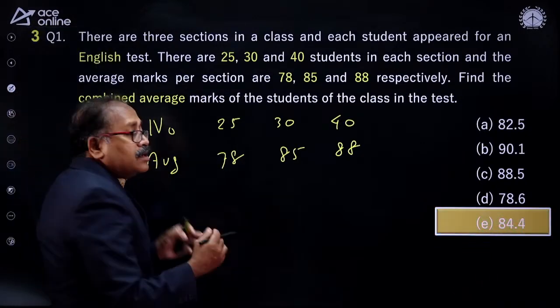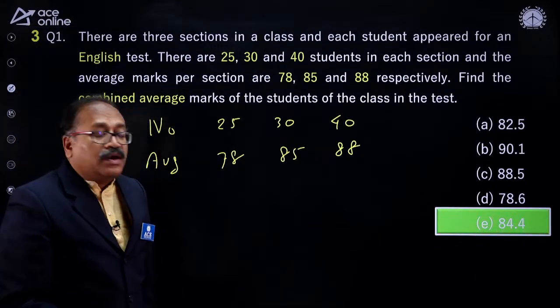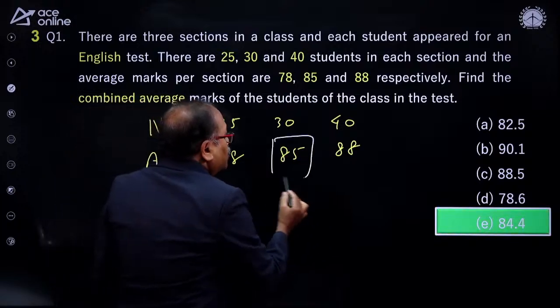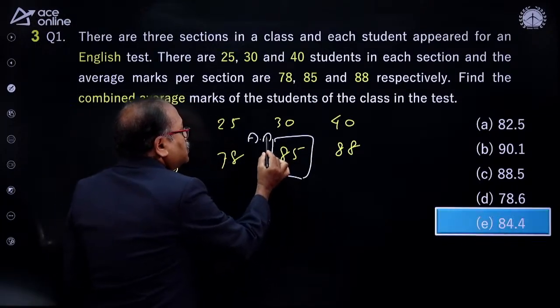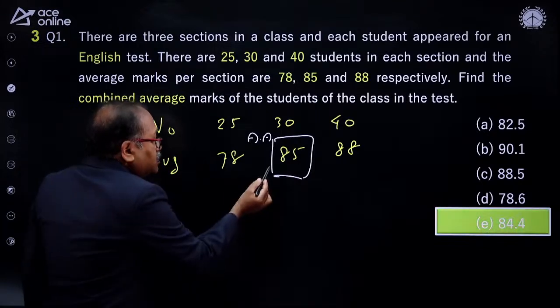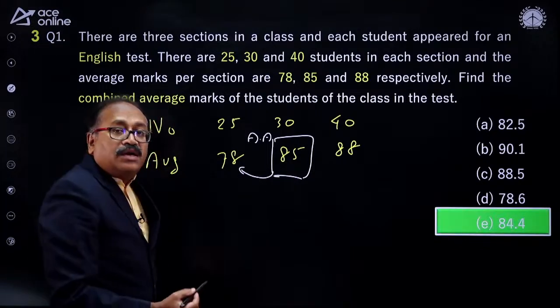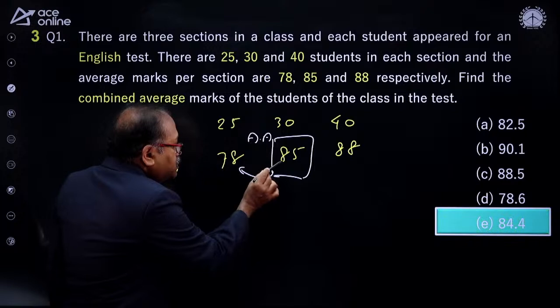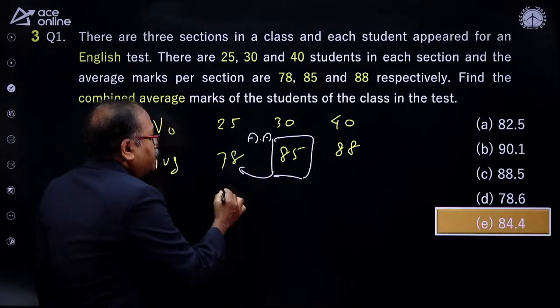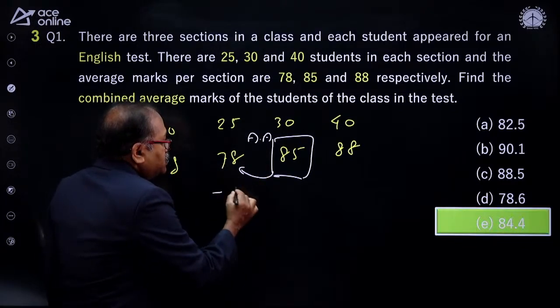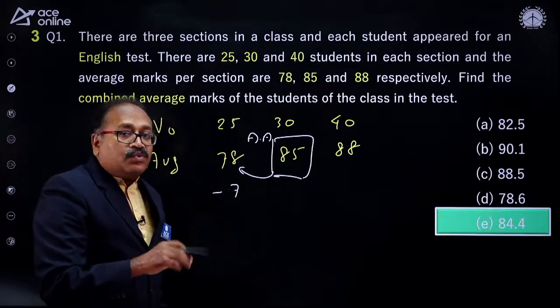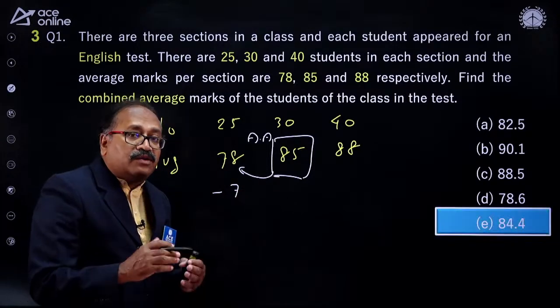Now look at the other logical way to answer this question. I will consider an assumed average of 85. This average is how much less than the assumed average? It is 85 and 78, the difference is 7, so this is minus 7. What will the total be? The total will be less.